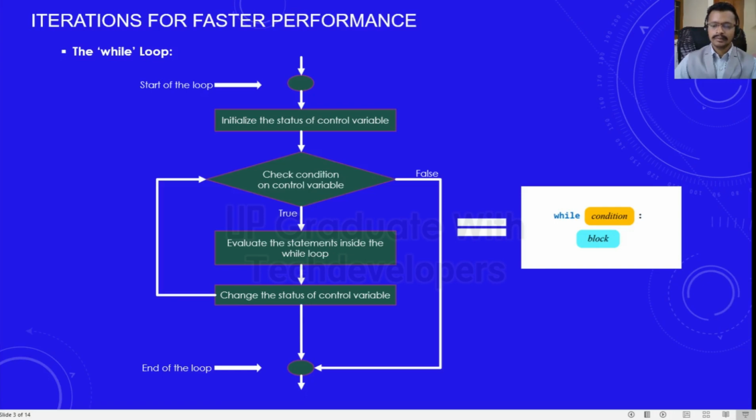Again the condition will be checked. If it is true, again it will print the count's value and increment the count's value. This process keeps on repeating until the condition becomes false.